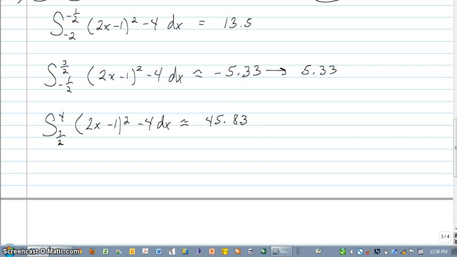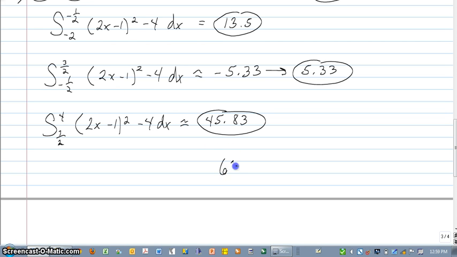So if somebody said, well, what's just the absolute area, we would take this number plus this number plus this number, which I didn't do ahead of time, so let's see if I can add those up. If we add those together, we get approximately 64.66 as our absolute area.